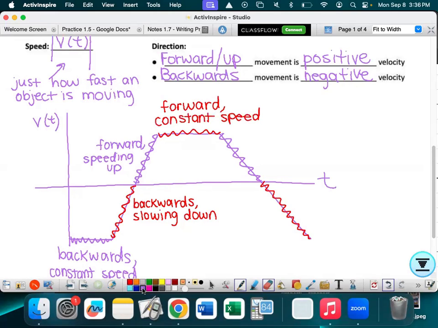Next section, velocities are all positive, so I am moving forward, but I am doing that while slowing down. I'm starting at a velocity of maybe like 5 and then getting closer and closer to a velocity of 0.